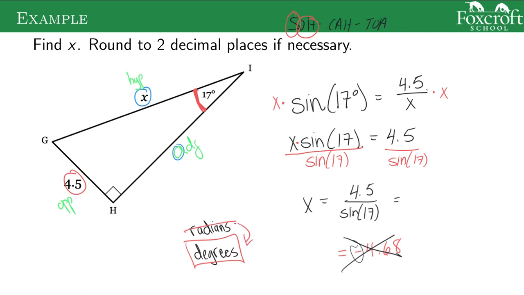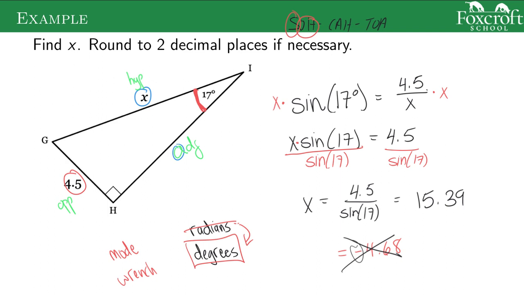If you have a handheld calculator, use the mode button, and you can switch from radians to degrees. If you're doing it in Desmos, you use the wrench in the top right. At the bottom of that drop-down box, you'll see radians and degrees. Make sure you click degrees, and that'll change your answer to this problem to 15.39.